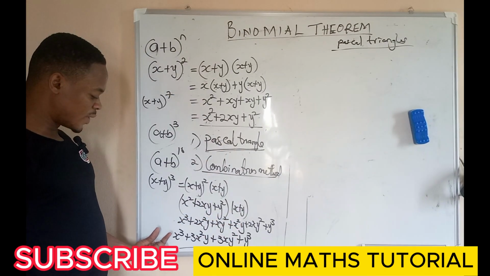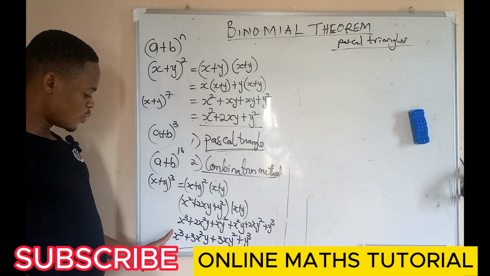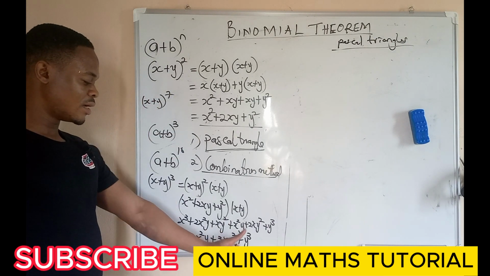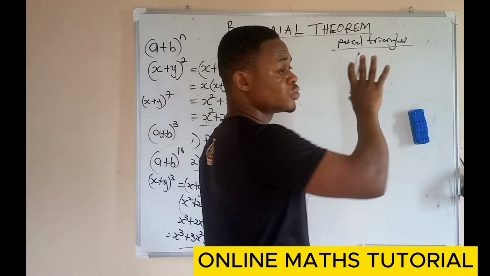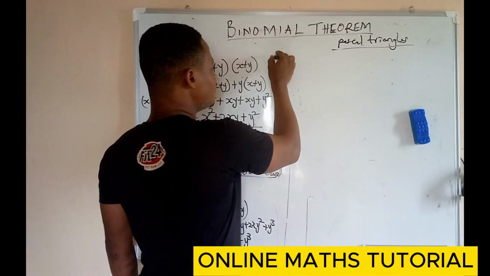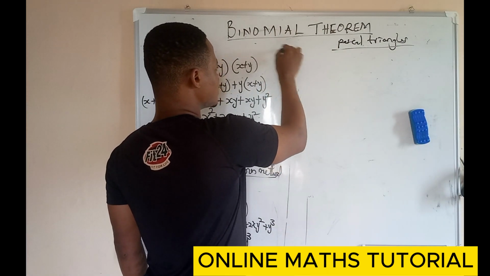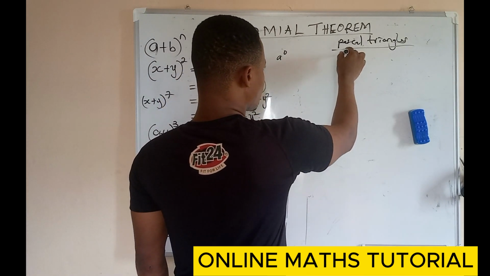When you have (x + y) raised to the power 3, the coefficients are going to be 1, 3, 3, and 1. So this is what the Pascal triangle shows you: the coefficients of expressions. So here, if we have an expression, let's say a raised to the power 0, it is going to be 1.